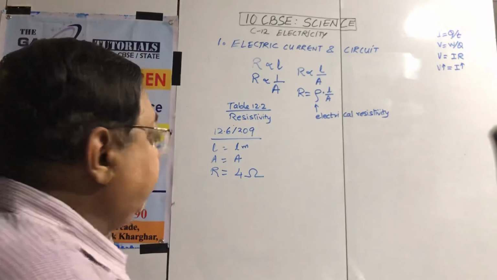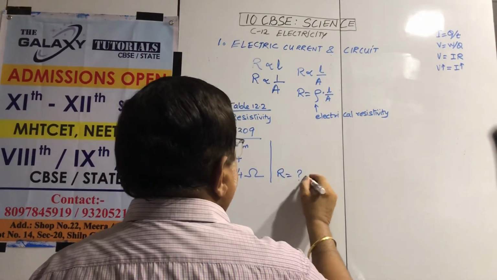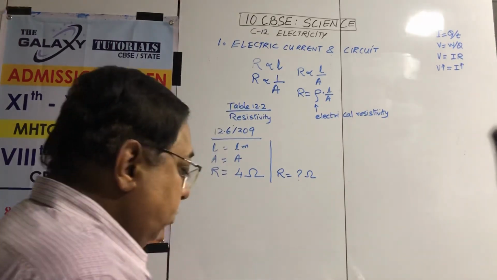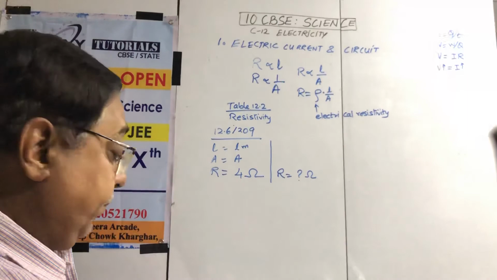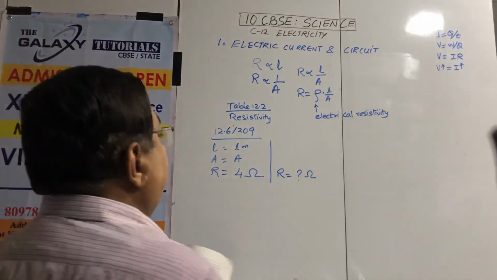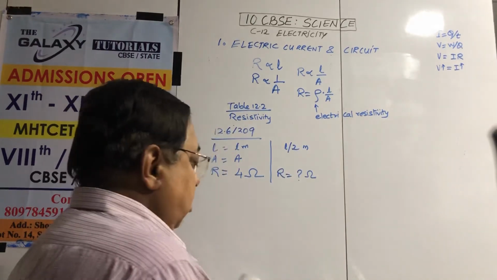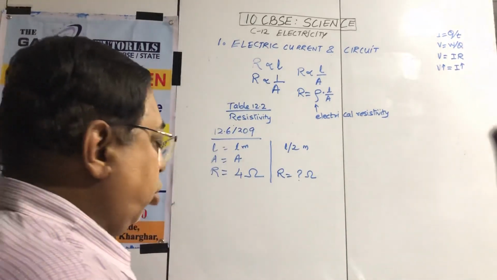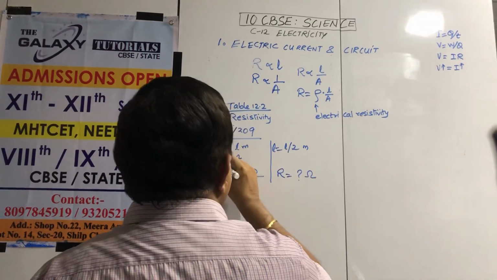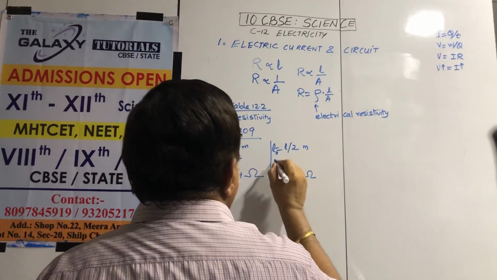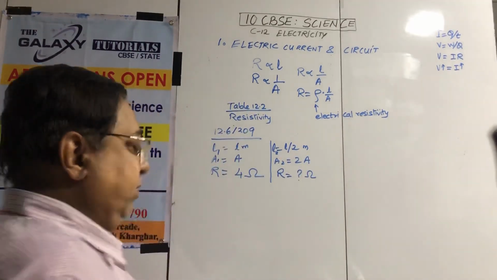What would be the resistance of another wire, in ohms, of the same material? So resistivity is same, rho is same. Having length L by 2, I am having half the length, and area of the cross section is doubled. L1, A1, L2, A2 is double the previous.